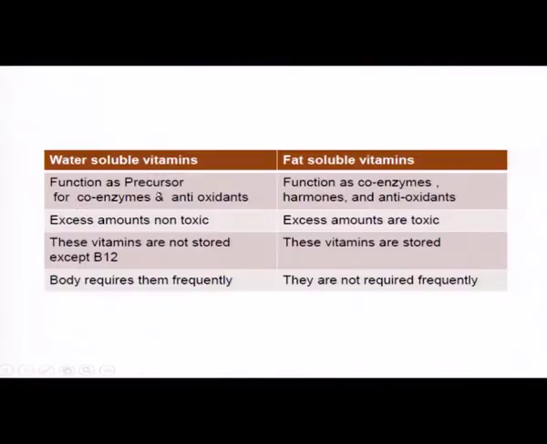In other words, there is a coenzyme which is metabolically important in the normal physiology of our body, like the way we utilize carbohydrates, the way we utilize proteins, and in all the anabolic and catabolic functions. So, we have coenzymes, and you need water soluble vitamins to make these coenzymes, that is why they are called precursors.